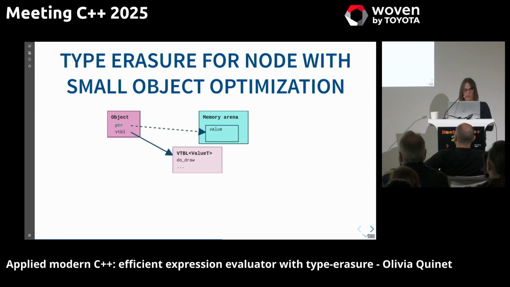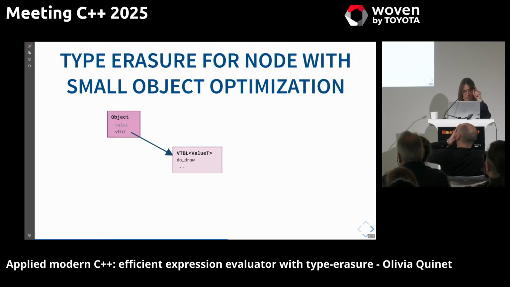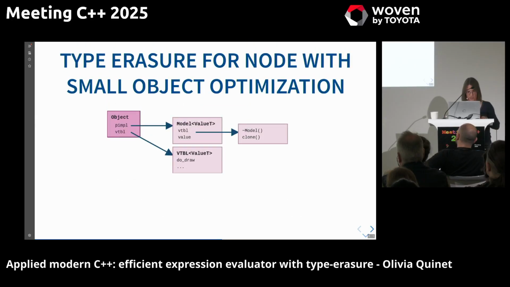Now, how can we improve this? We have the public object, we have the pimple and the VTBL. The pimple points to the managed value, and the VTBL points to the VTBL structure.